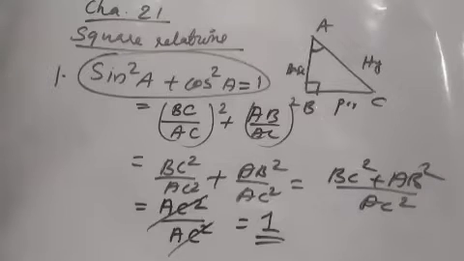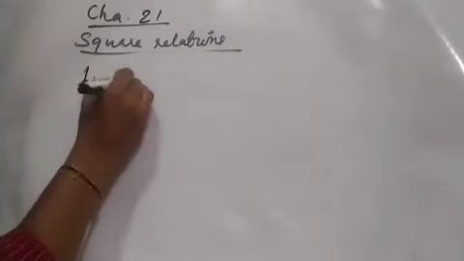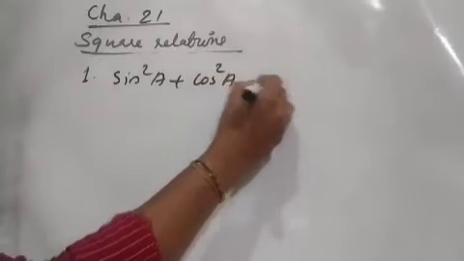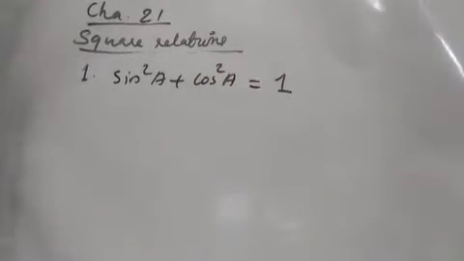Similarly, we can prove sec square A minus tan square A is 1 and cosec square A minus cot square A is 1. These are the three important square relations. First one is sin square A plus cos square A always gives 1.